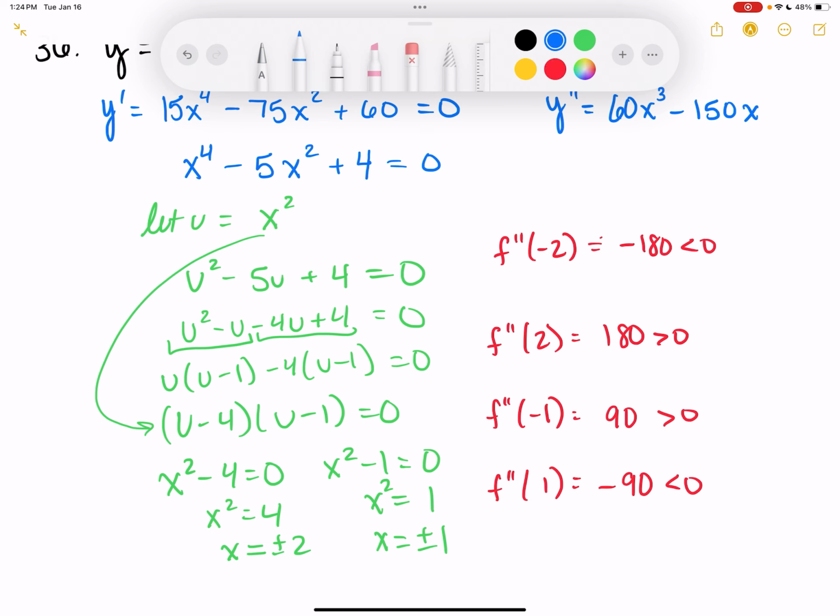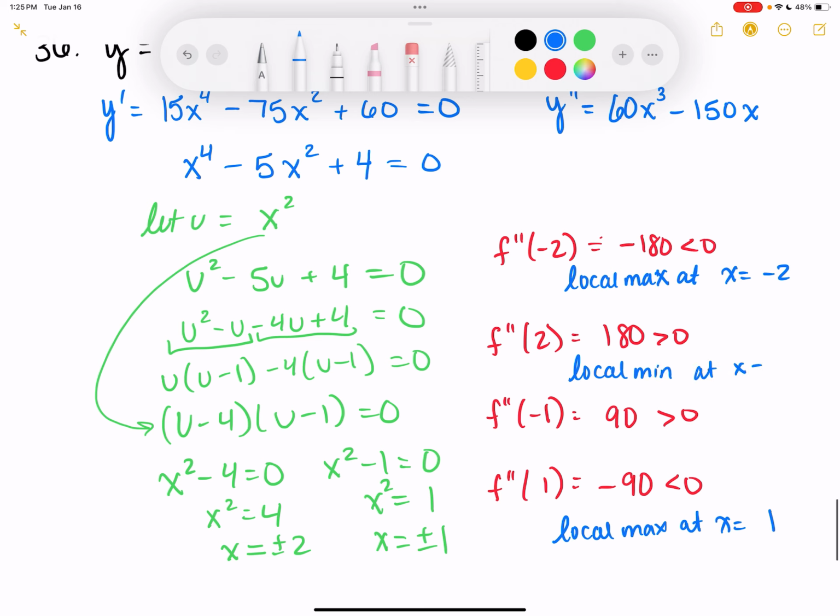So there is a local max at x equals -2 and a local max at x equals 1, and then we have a local min at x equals 2 and a local min at x equals -1.